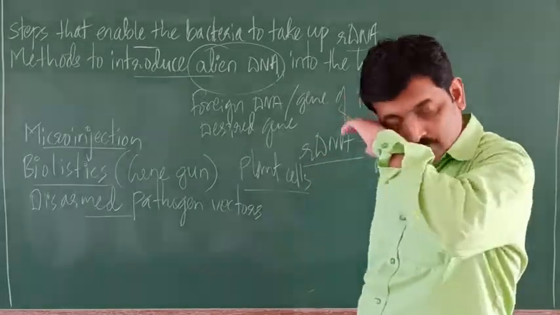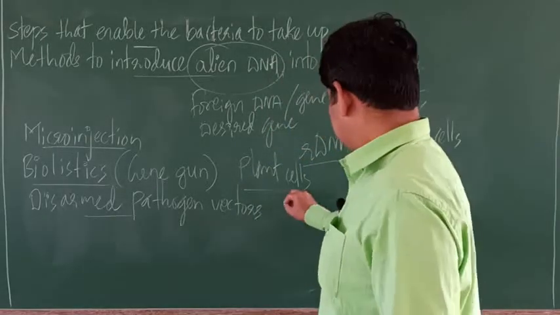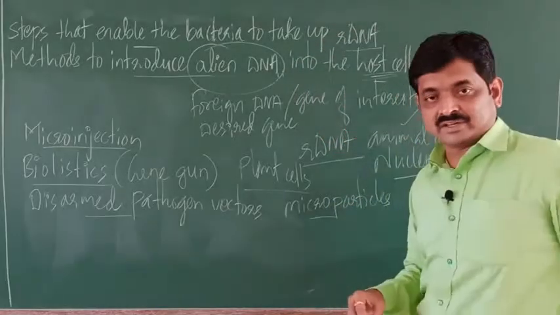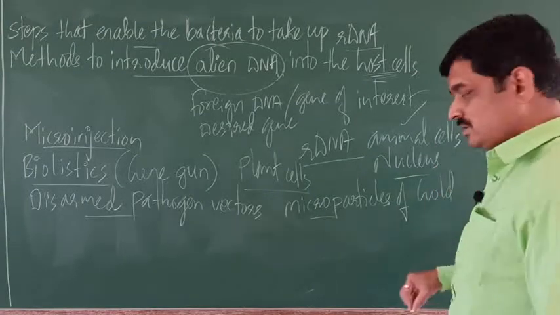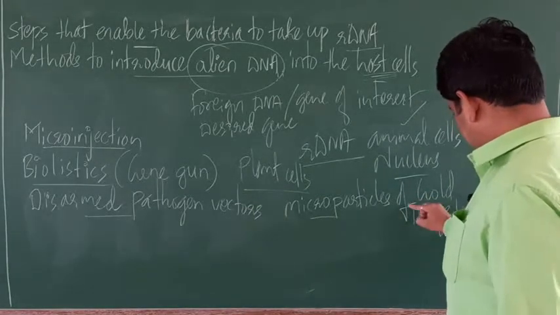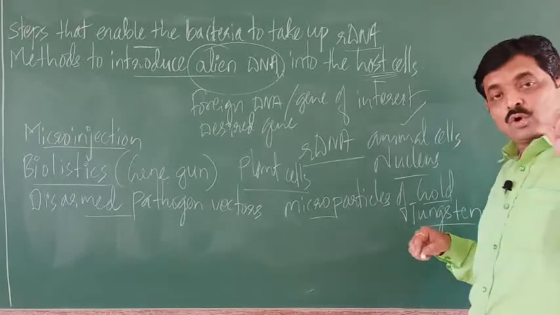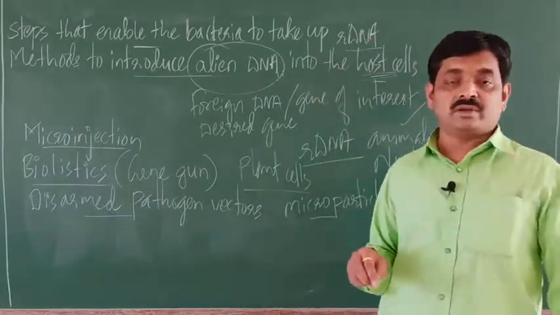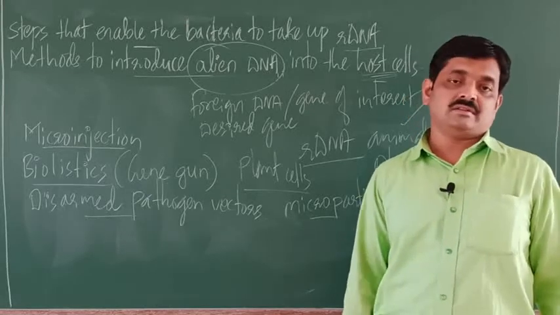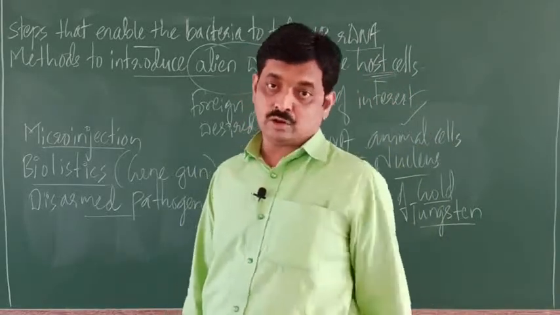So what is done here? Microparticles of gold or even tungsten are coated with DNA, and these microparticles are bombarded on plant cells with a very high velocity.